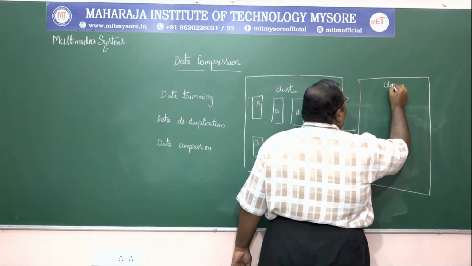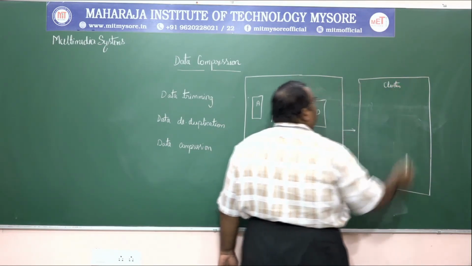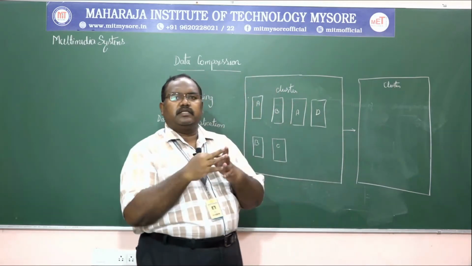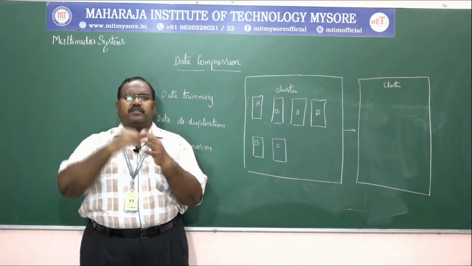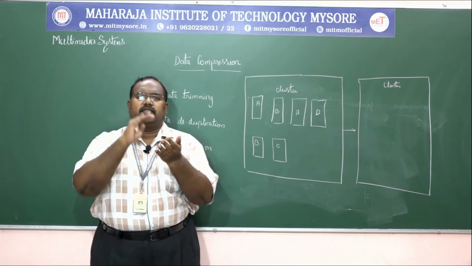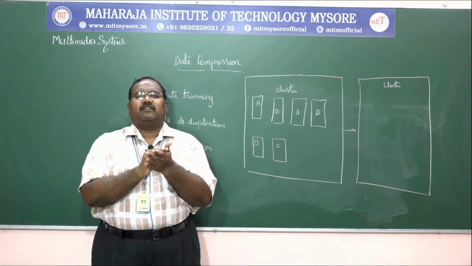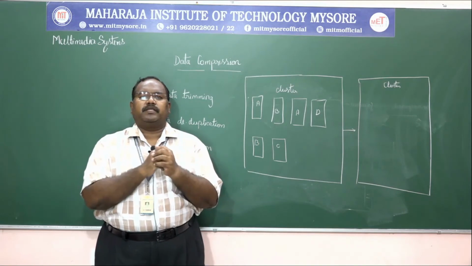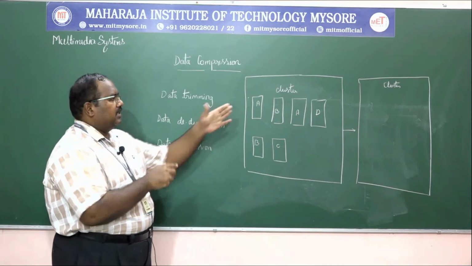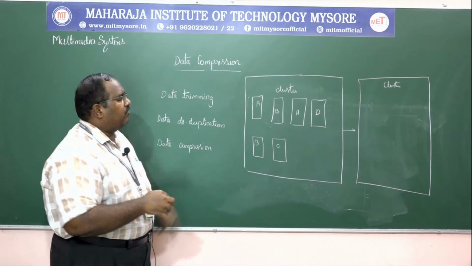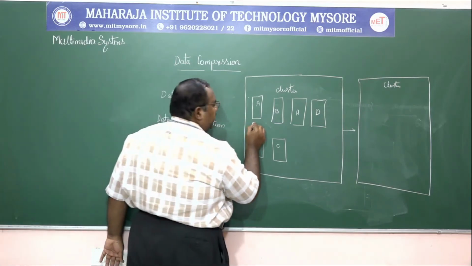This is said to be one more cluster. What does compression say? The compression definition says this: suppressing or reducing the size of the file is said to be compression. Now let us consider in the cluster, the size of file A is 8 bits.